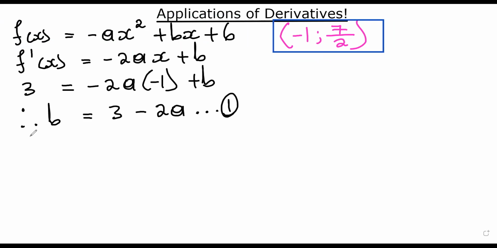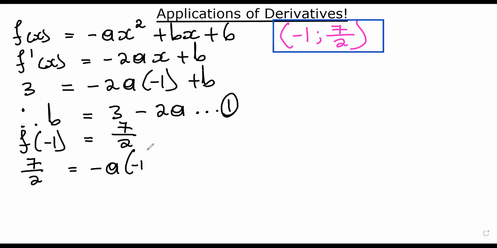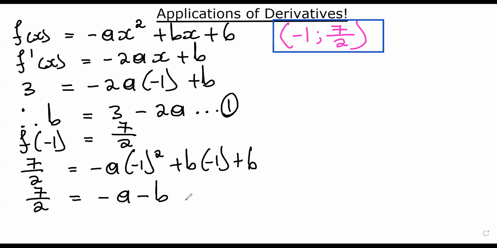In other words, you're going to use the fact that when x is -1, y is 7/2. So you have 7/2 equals -a times (-1)² plus b times (-1) plus 6. You still have your 7/2 here, and here you have -a minus b, and this is added to 6. You can call this your second equation.